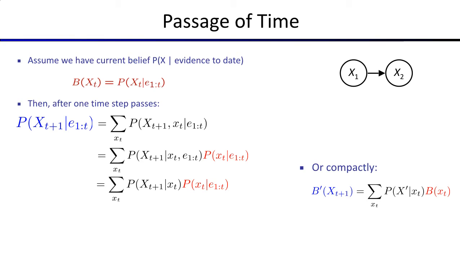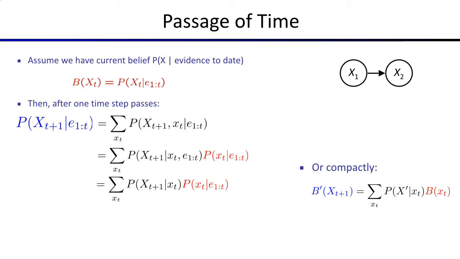Okay? When I'm trying to figure out what's going on at time t plus 1, I'm going to first construct the distribution jointly over what's happening at time t and what's happening at time t plus 1, given all the evidence. And so what you're saying basically is, well, I don't know where I am at time t, but if these are binary random variables, I might be in one of two worlds.